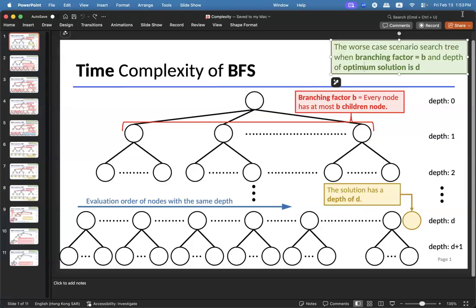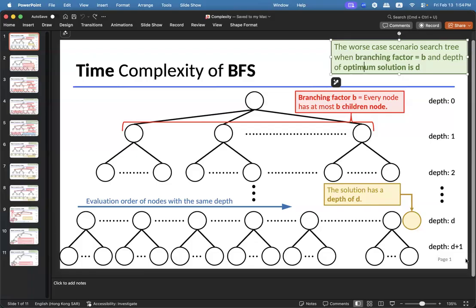We expand all the nodes in the search tree with a depth of D, but the last one is the goal state. As a result, we will see a search tree like this.